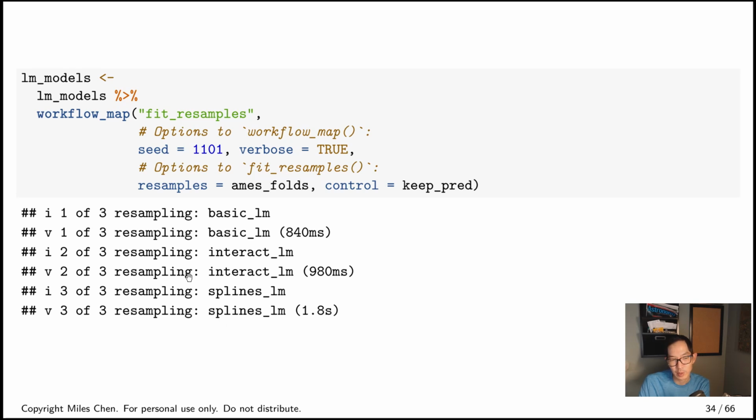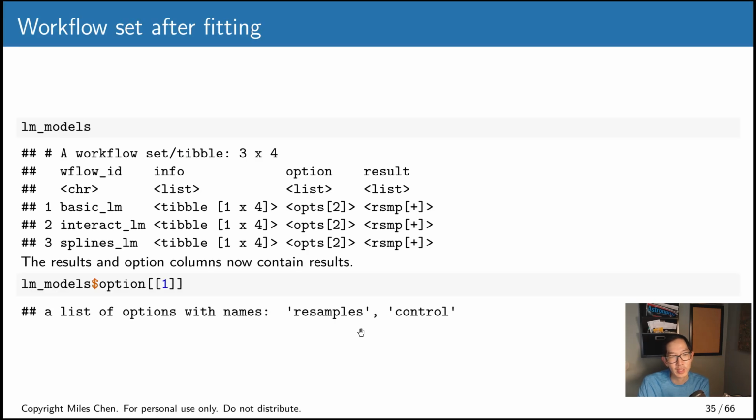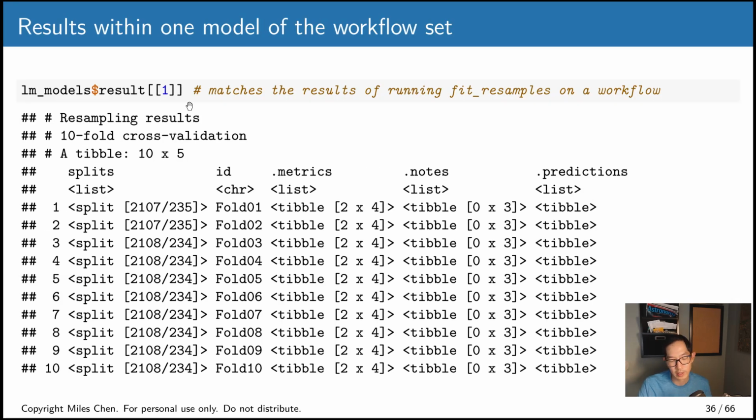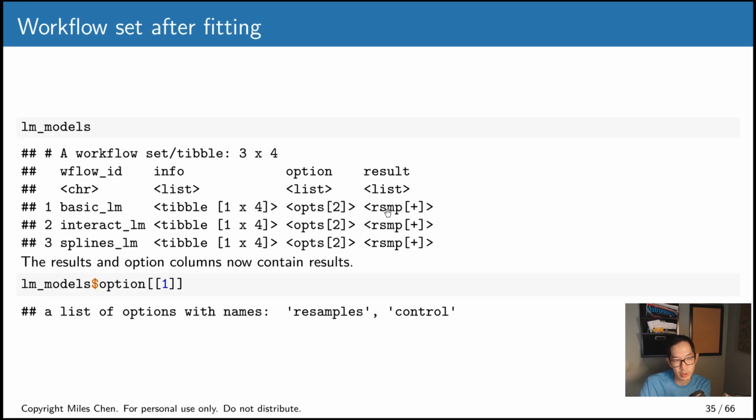So it does that, and it finishes. Now we have the results, which are stored in this column here for results. The options has the resamples along with the control, just information about the workflow that was fit to the data. So when I look at the results, if I say LM models, we're going to look at results, and we'll just look at the first one.